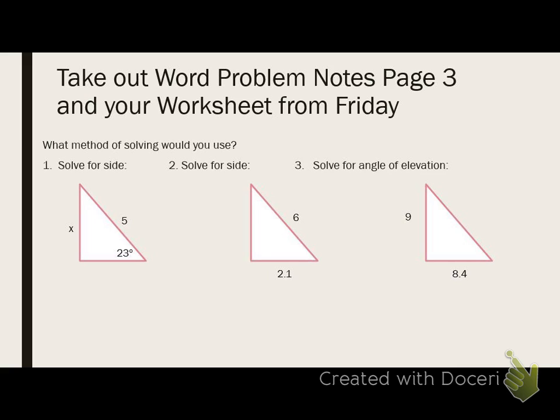So the first one, it says solve for the side. Can I use the Pythagorean theorem? No. I have to use a trig ratio. Which trig ratio would I use? Sine. Correct. Because x is opposite and 5 is the hypotenuse. So sine of 23 would equal the opposite over the hypotenuse.